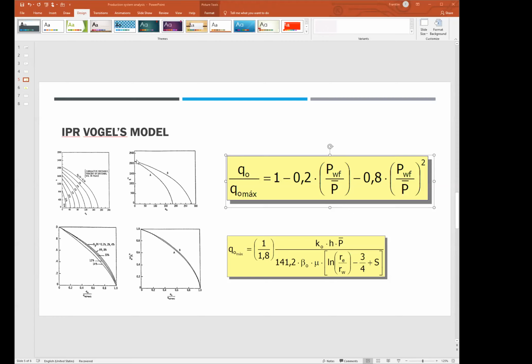So imagine that we can extrapolate beyond my saturation pressure. In other words, right above the reservoir pressure we have a linear relationship, and right below is going to be a saturated reservoir. So if we equalize both, there is a way we can manipulate. We have a Darcy from one side, Vogel from the other side, and we can have both integrated. It's a very nice way now that I can integrate Vogel's with Darcy data.